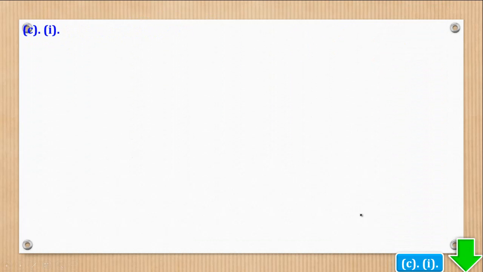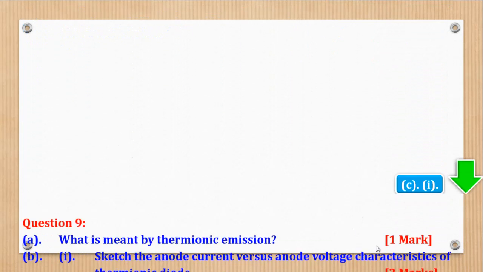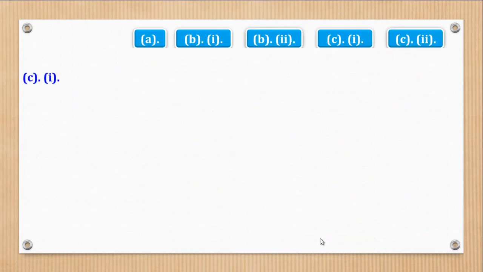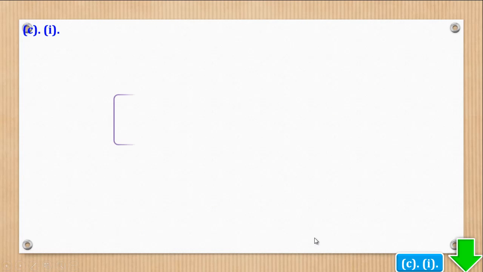Now we shall go to part C. Part C says, with the aid of a diagram, describe the operation of a cathode ray oscilloscope. That means you need to draw a diagram of a CRO.